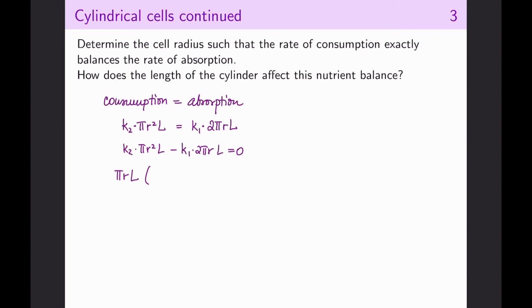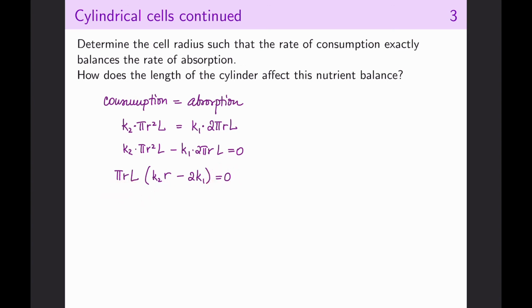From the first term, we're going to have K2R. And from the second term, we're going to have 2K1 left. So all of that is equal to 0. So once again, the real force behind factoring is the fact that now I have myself a product of 1, 2, 3, 4 things that is equal to 0.